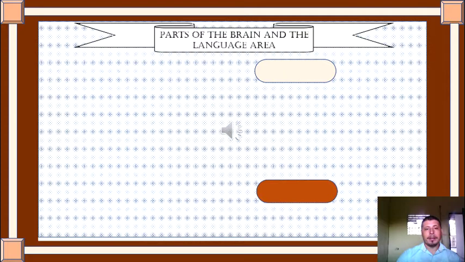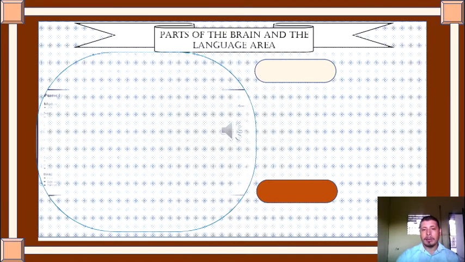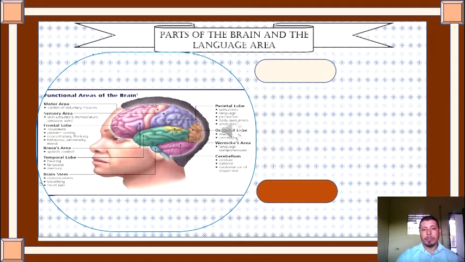In our next slide, we're going to see the different parts of the brain, and we're going to focus on the language areas. So first and foremost, we have here the functions of the areas of the brain. As I mentioned before, we have the sensory area related to temperature, pressure, pain, and sensation.